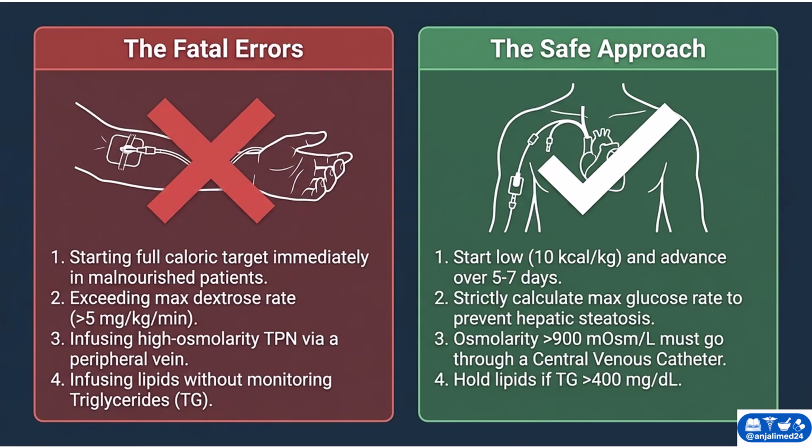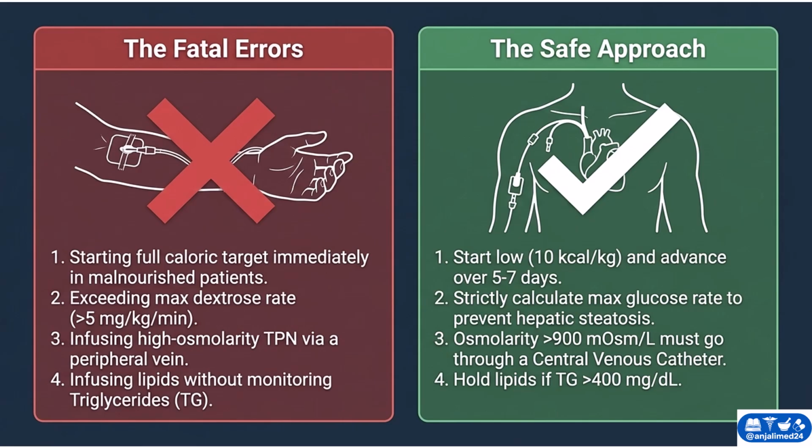closely monitoring the electrolytes. The second mistake is exceeding the maximum dextrose infusion rate, which should generally not exceed 5 milligrams per kilogram per minute. Excess glucose promotes hyperglycemia, fatty liver, and increased carbon dioxide production. Third, high osmolarity TPN should never be infused through a peripheral vein.